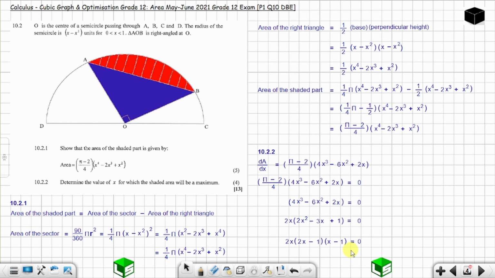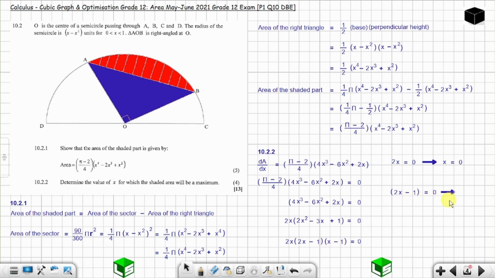Okay, let's carry on. Now you have 2x is equal to 0. From this, you know that x is equal to 0 when you divide by 2 on both sides to solve for x. And this bracket is also equal to 0.